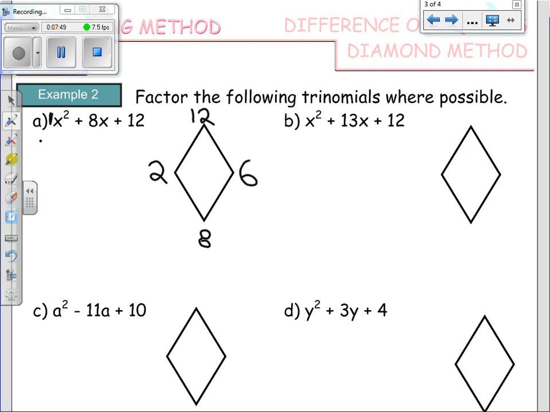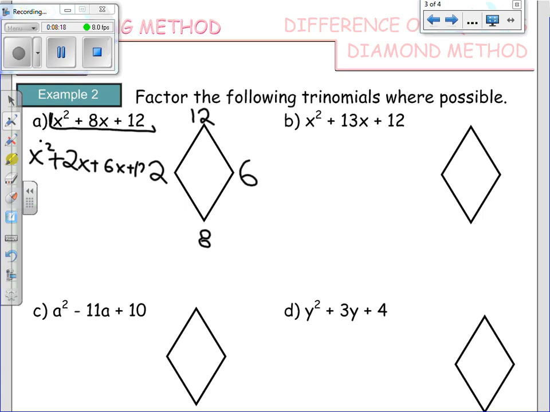Second step, you have to rewrite this equation. You're going to put x squared plus 2x plus 6x plus 12.